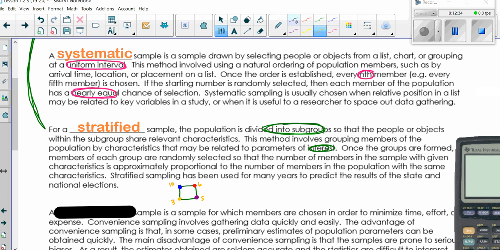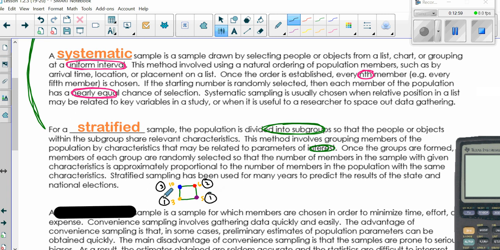Okay, what you would do then is randomly select people out of those groups. This is based off of their interests, and because 10 is the most amount of people, we're going to pick the most people out of there. So maybe we'll pick 3 people out of there who randomly win, 2 people out of here, 1 person out of here, and 1 person out of here.